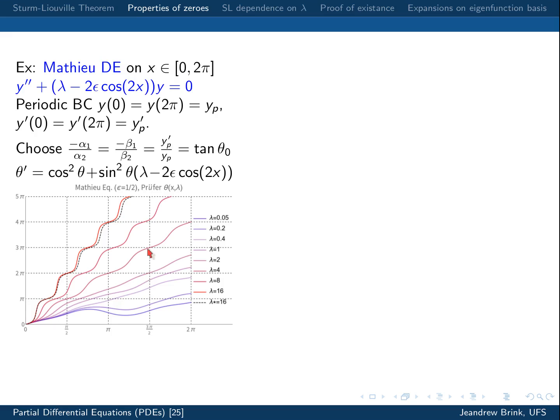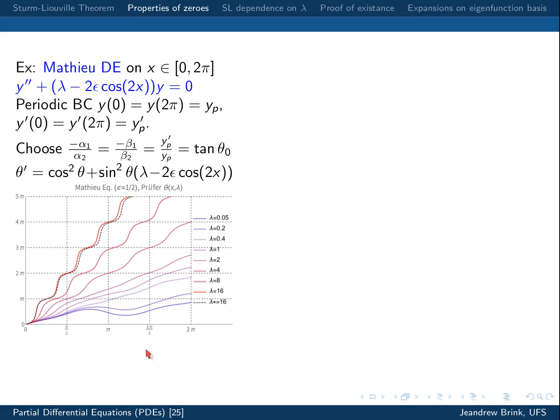For example, here lambda equals 8, and that line is always above lambda equals 4 over here. Well, sorry, no, this is lambda equals 4, and this is lambda equals 8. It's always below lambda equals 8.